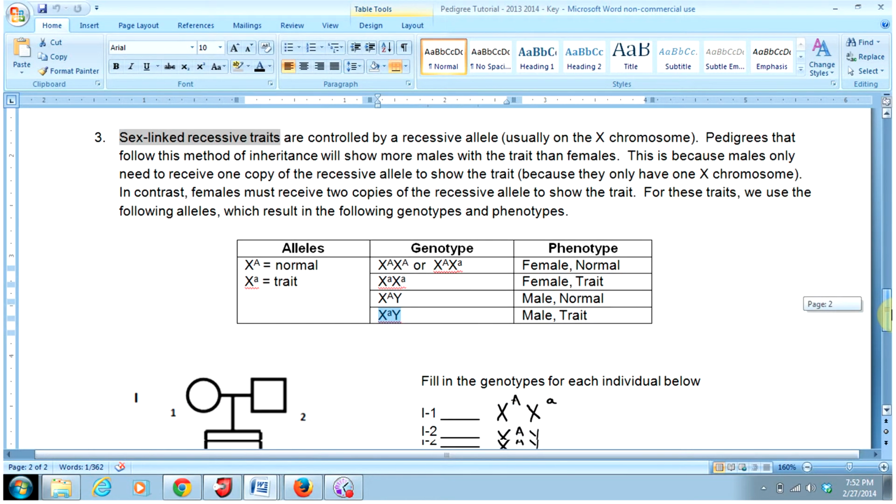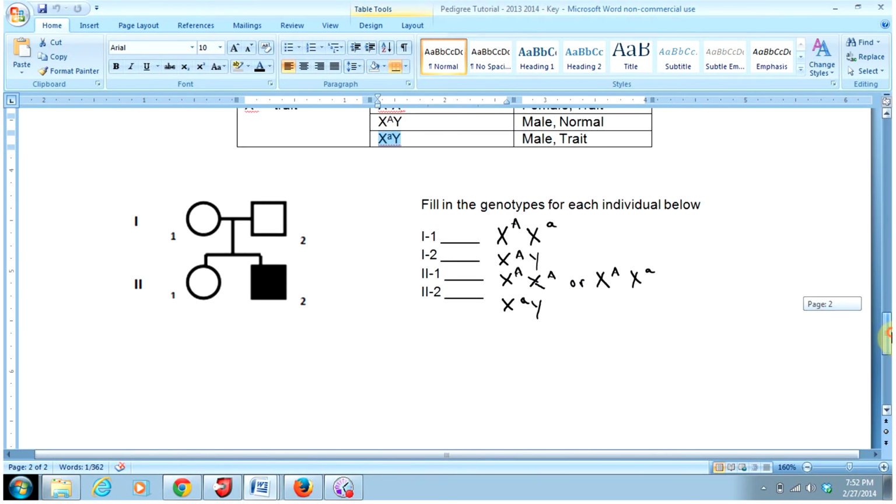So we're going to use the same procedure that we did with the other 2 methods of inheritance in order to figure out the genotypes for the individuals shown in the pedigree for this method of inheritance. Both of the females, the mother, individual 1-1, and the daughter, individual 2-1, are going to have 2 X chromosomes, XX.